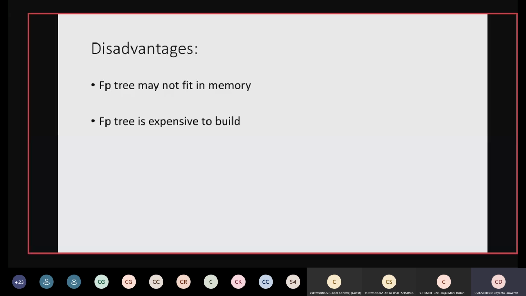The disadvantage is that the FP tree may not fit in memory because it contains a large structure and is also expensive to build. So that's it. Thank you.